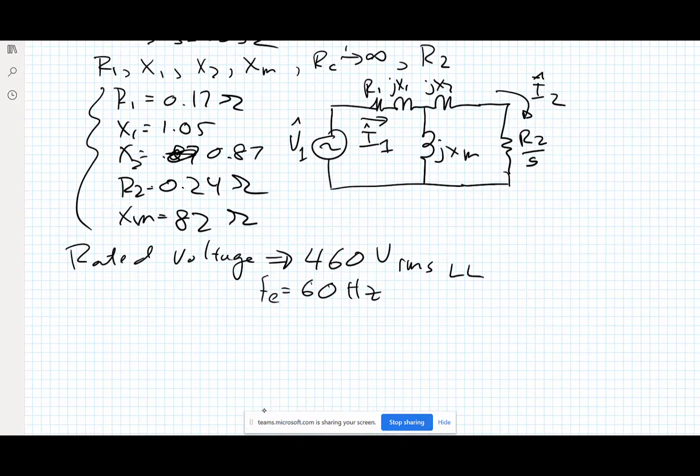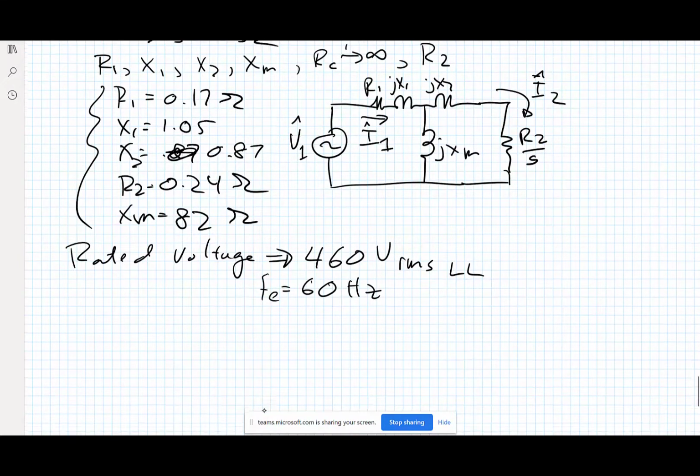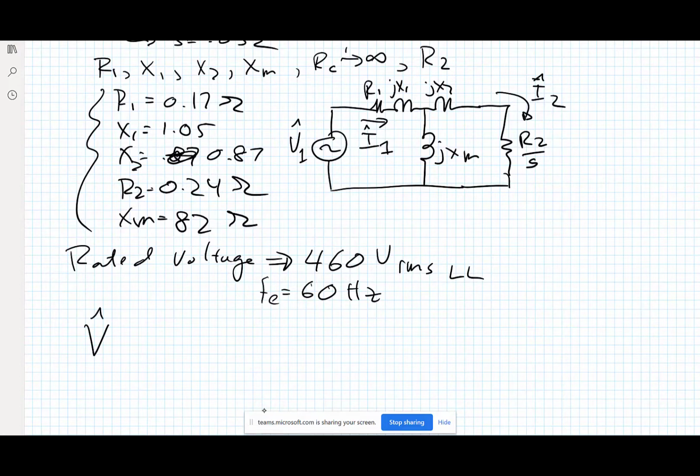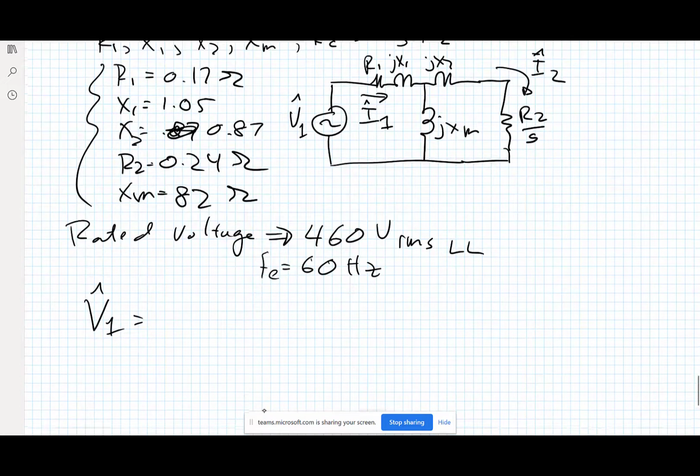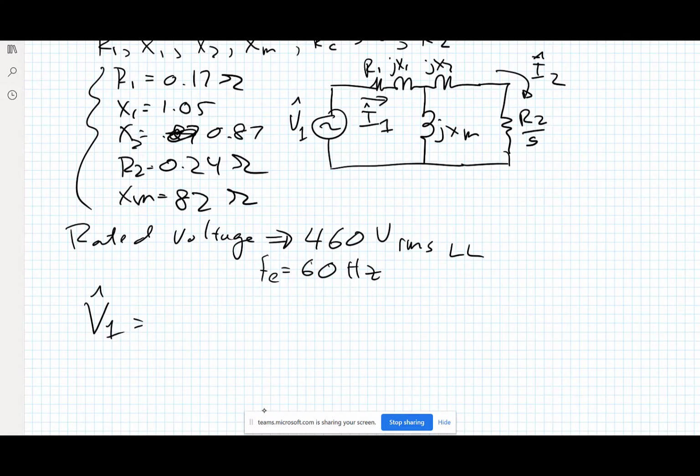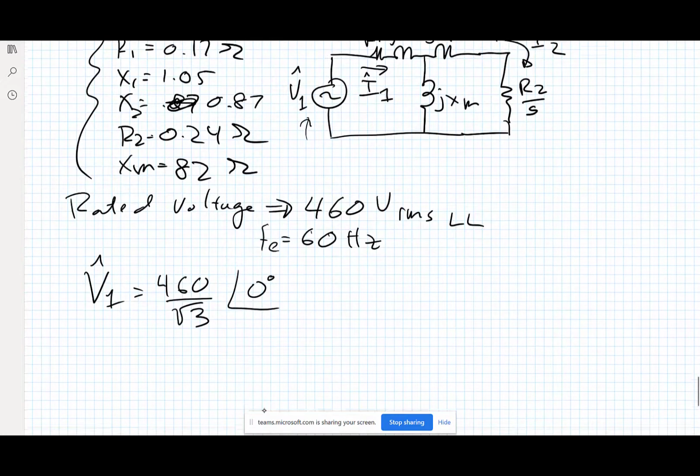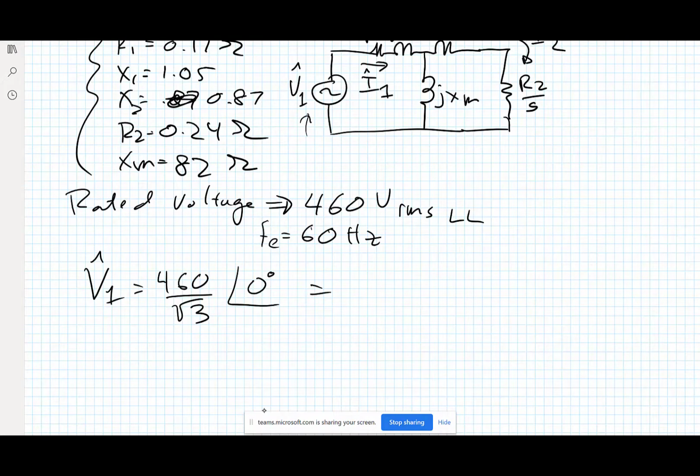If I want to solve this problem, I have to find V1. This is kind of my reference point. It's a line to neutral circuit. Remember, you have to convert to line to neutral: divide by square root of 3. I'm at a 0 angle, and so V1 is 265 at 0 degrees volts.